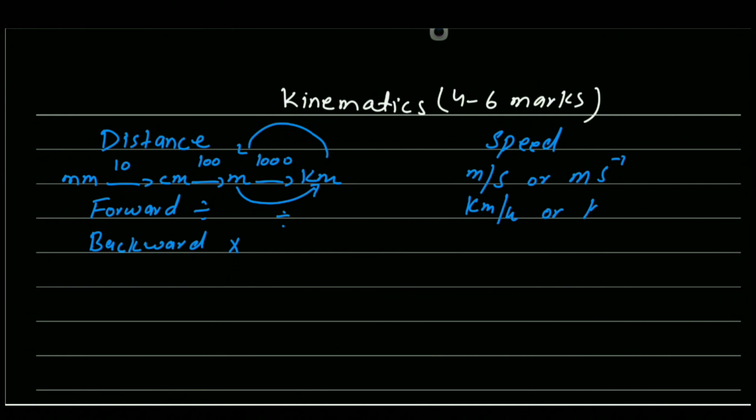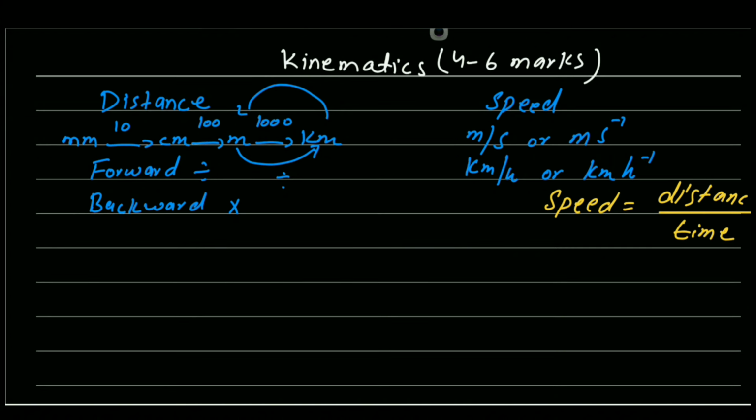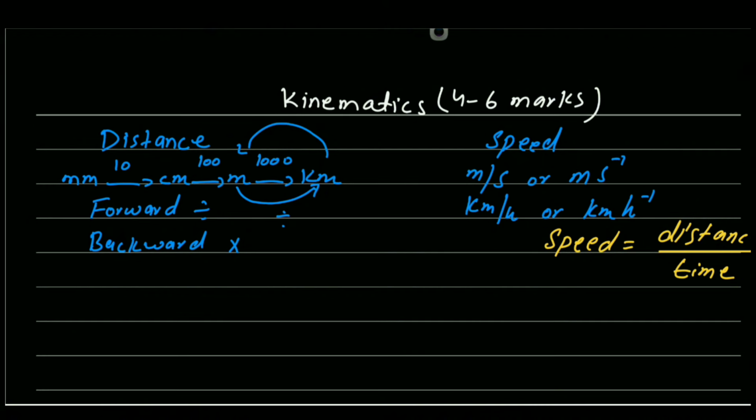So the formula of speed is equal to distance over time. This is the formula that you have to remember. You can make the formula of distance from this formula, and you can also make the formula of time from it. So this is the main formula that you have to remember for this topic.